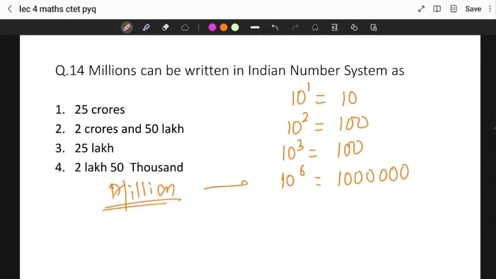Always keep in mind that 10 raised to 6 means 1 million.